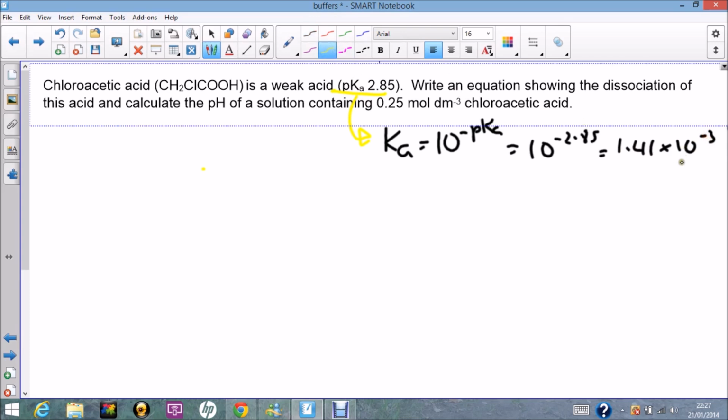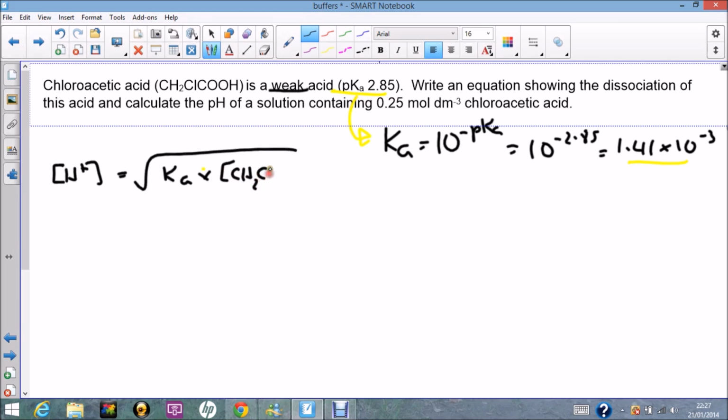So you should get a mark for your Ka value. Then it's telling us that it's a weak acid, so we're going to be using the square root equation. And we simply need to put the numbers in.